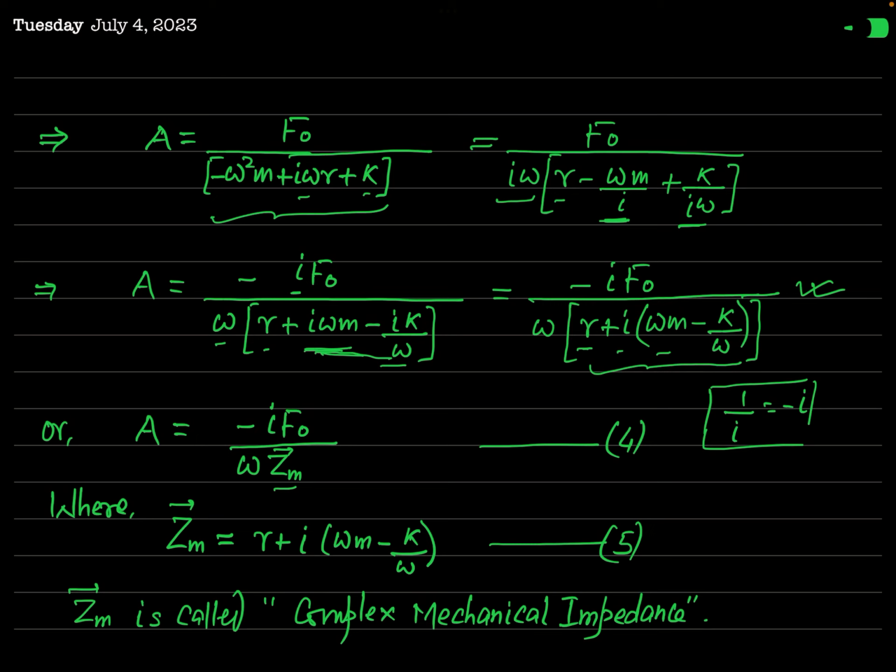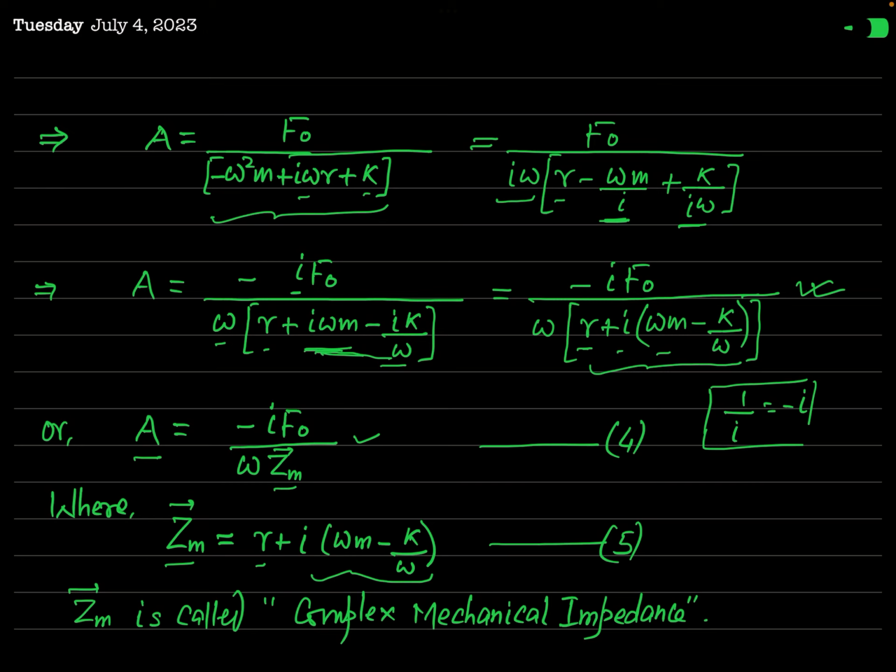So A can be written as minus i f naught over omega Zm, where Zm is equal to r plus i times (omega m minus k over omega). Actually this Zm is called the complex mechanical impedance.